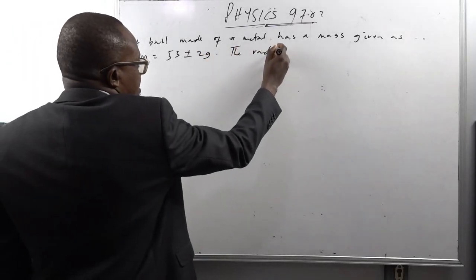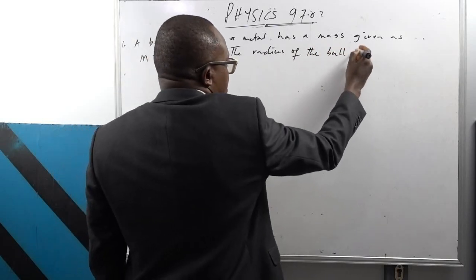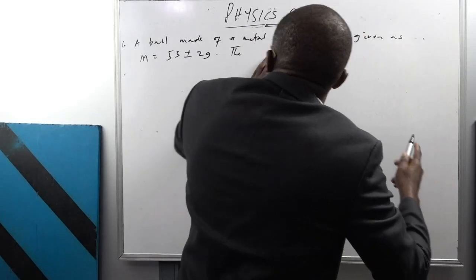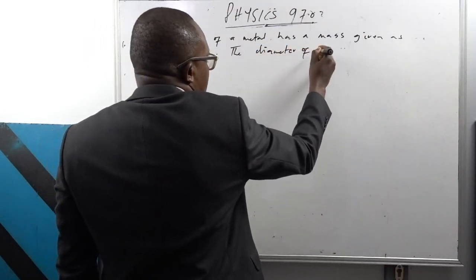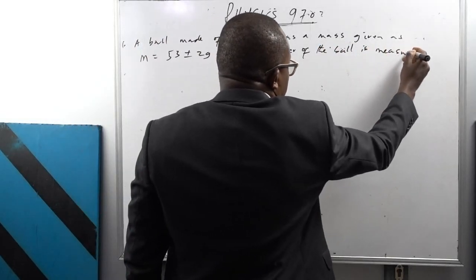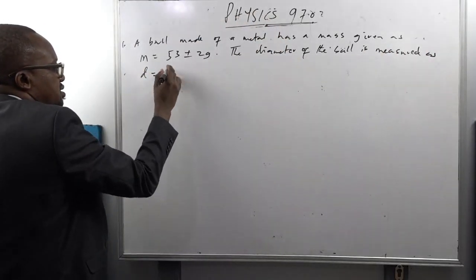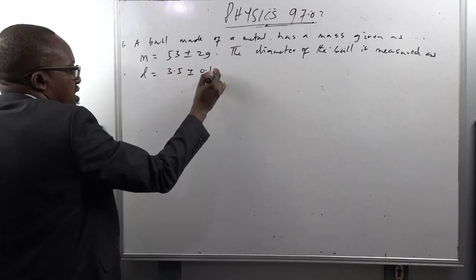The radius of the ball is, this is the diameter of the ball, is measured as d equals 3.5 plus or minus 0.1 centimeters.